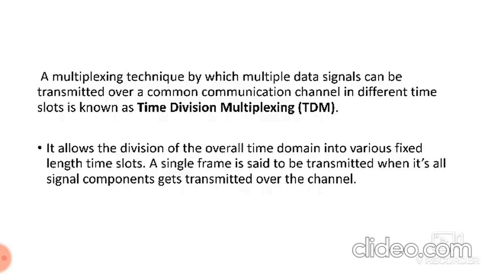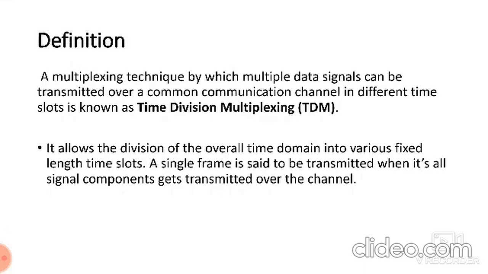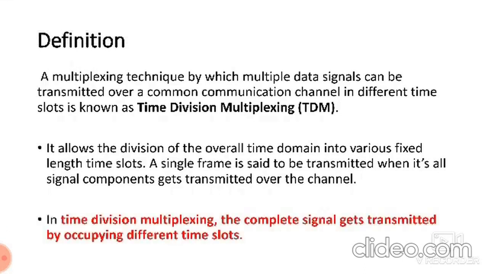So in analog time division multiplexing, different time slots are there. Let the signals be x1 of t, x2 of t, x3 of t, up to xn of t. N number of signals are there, and they share a single channel. So in time division multiplexing, the complete signal gets transmitted by occupying different time slots. This is the main principle used in time division multiplexing.